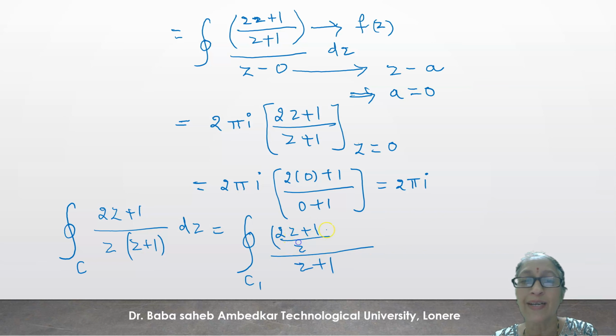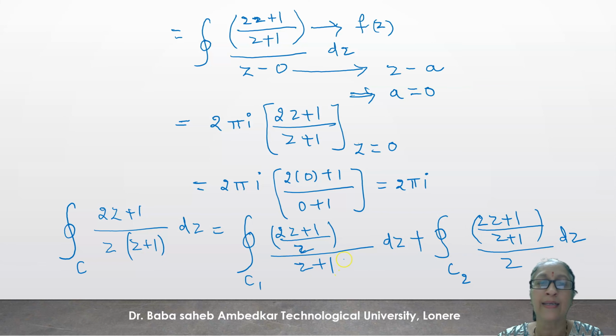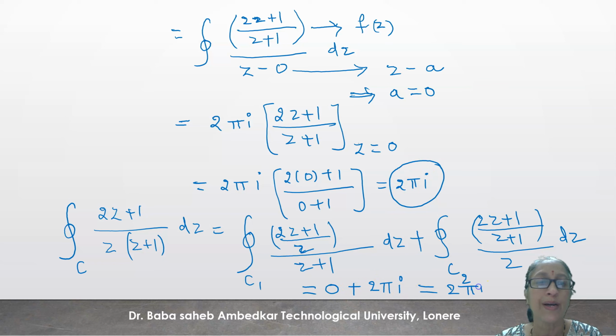Because we have evaluated the value of the integral for the pole z equal to minus 1 first, plus along the curve C2, (2z plus 1) by (z plus 1) upon z dz. So the value of the first integral is 0, and the value of the second integral we got 2 pi i. So 0 plus 2 pi i, which is equal to 2 pi i. So the value of this integral is 2 pi i.